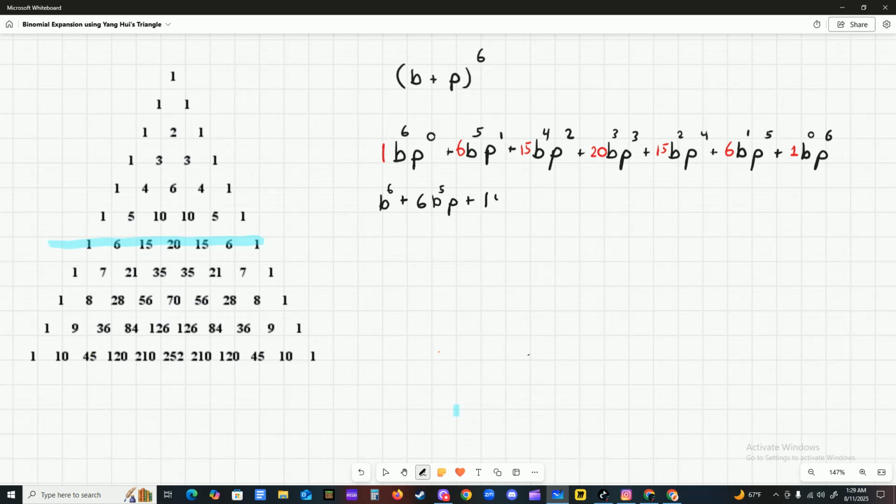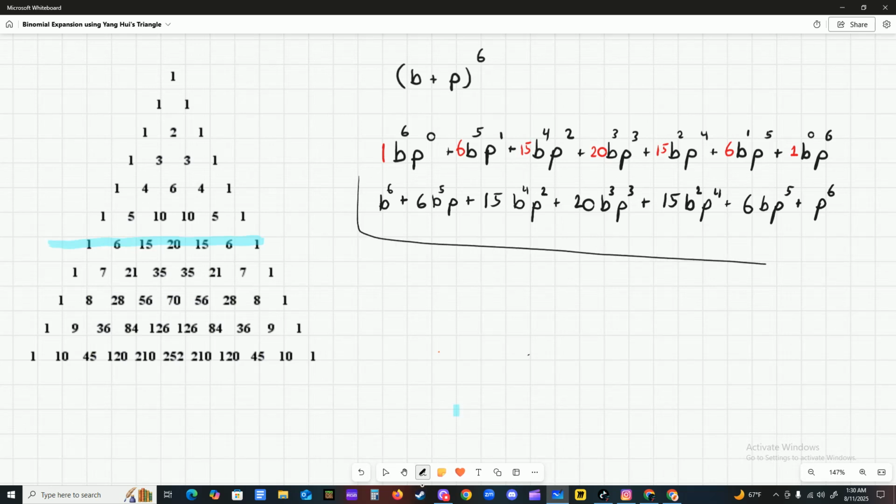Plus 15 b to the 4th p squared plus 20 b cubed p cubed plus 15 b squared p to the 4th plus 6b p to the 5th plus p to the 6th. And this right here is our binomial expansion.